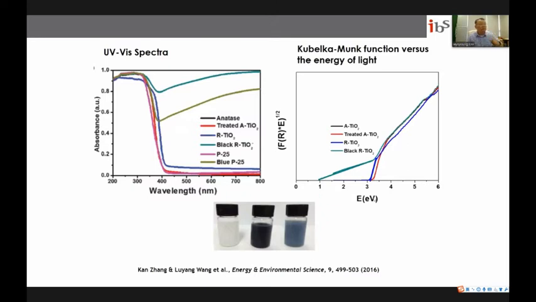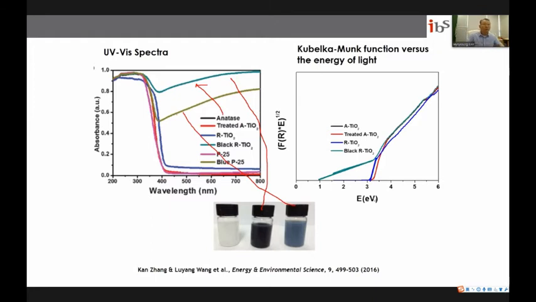Anyhow, for the visible light absorption, as we expected, the black one gives the largest absorption, and the blue one gives the second.